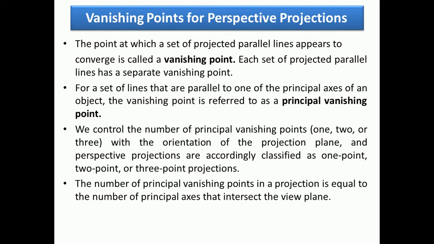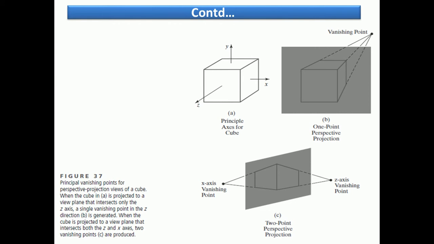The number of principal vanishing points in a projection is equal to the number of principal axes that intersect the view plane. As you can see in this particular figure, the appearance of 1 point and 2 point perspective projections for a cube.